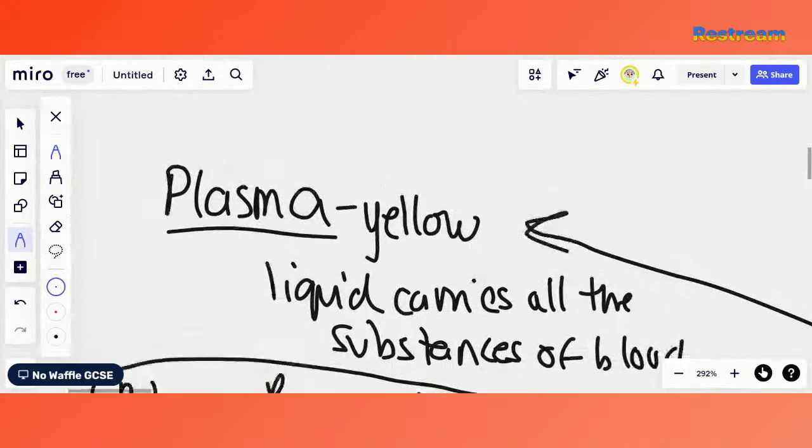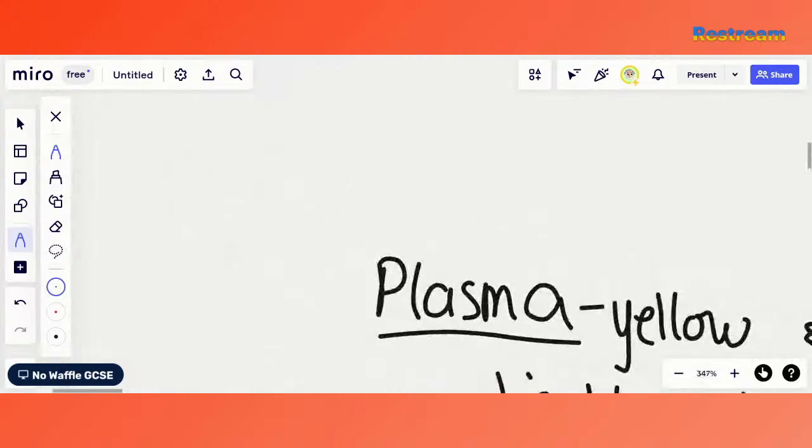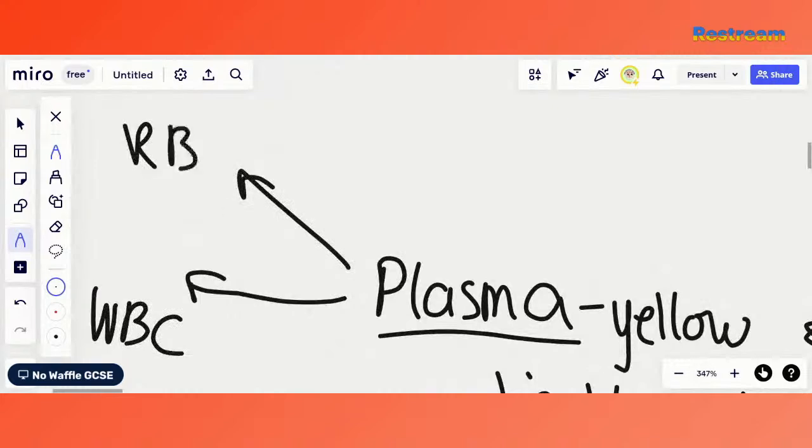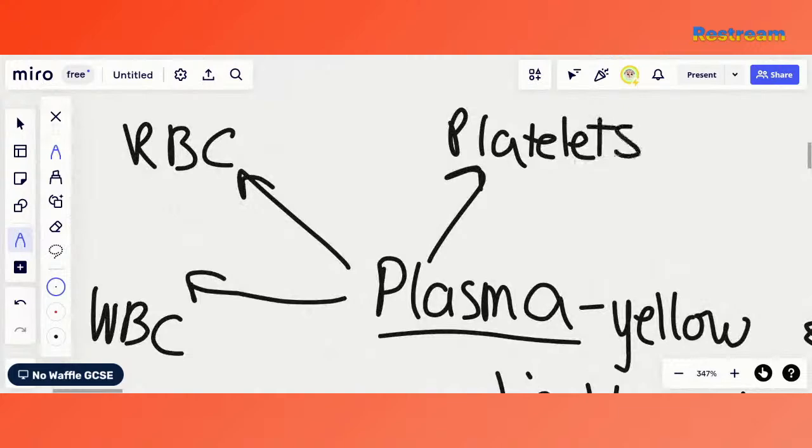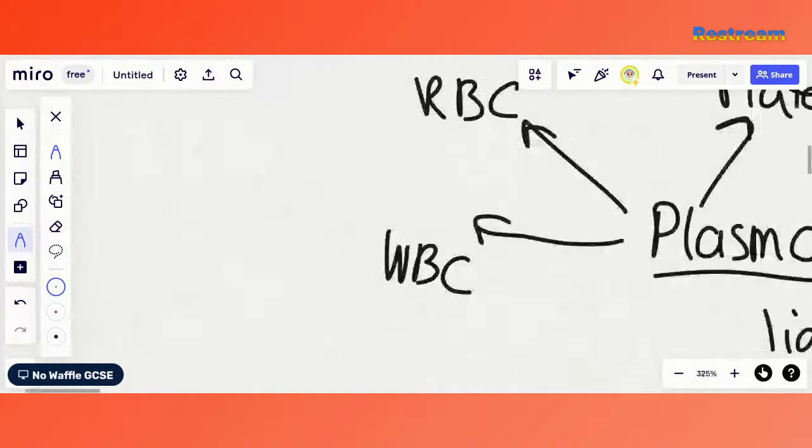So can we try and remember what the plasma holds? Yes. So we have the white blood cells, we have red blood cells, and we have platelets. So what are these all individually for?